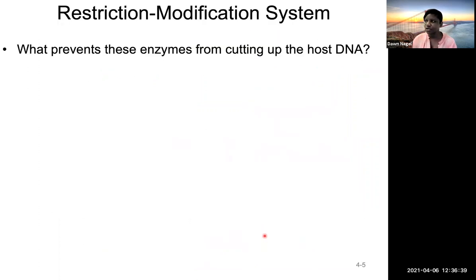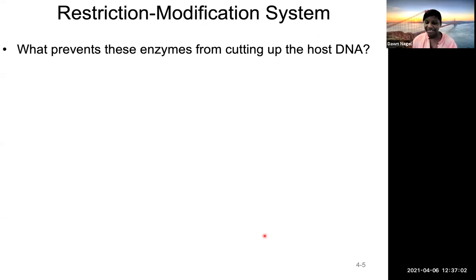These are enzymes that were identified in bacteria. It's a way for the bacteria to prevent foreign DNA from invading its genome and causing detrimental effects. So the bacteria have these restriction enzymes that help protect against invading viruses. Foreign DNA, it will digest it.